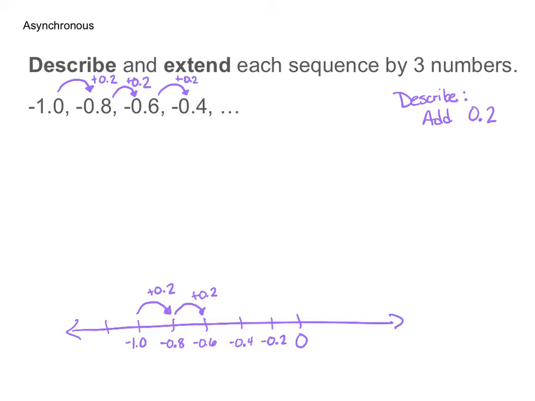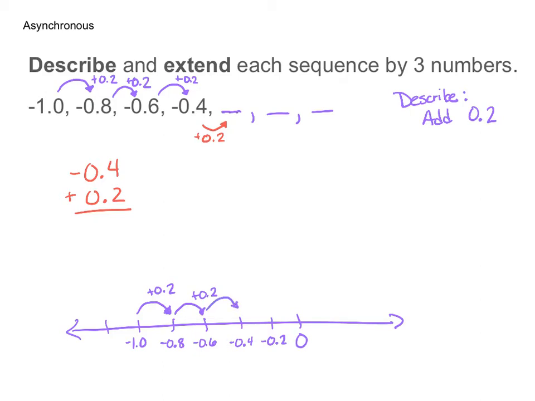So to extend, I'm going to go ahead and extend this line here for the next 3 numbers. So I need to add 0.2 to this one. So I have a negative 0.4 plus 0.2. Okay, you can use the number line, right?